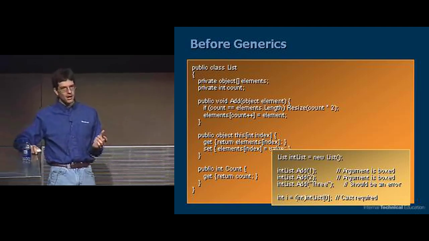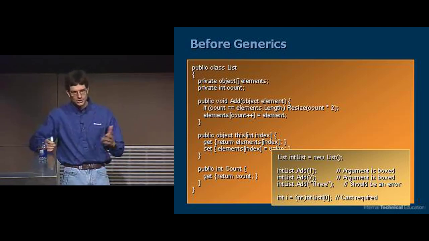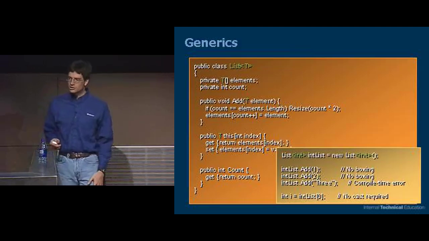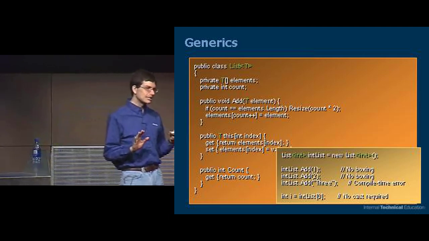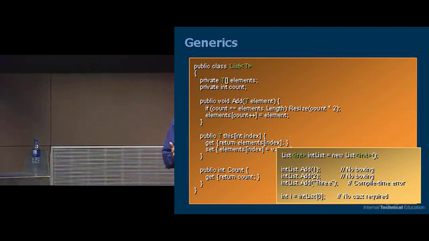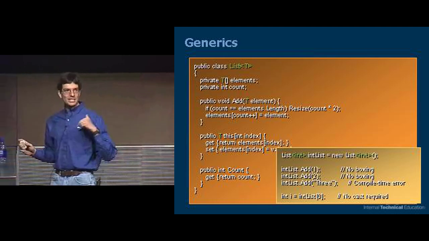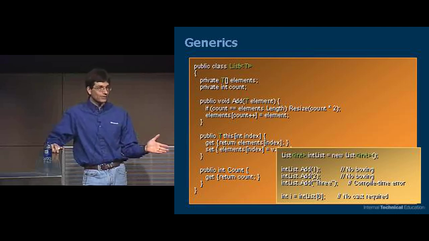We're still facing problems where the enumerator of one kind of collection works differently than that of another. So what does generics do? Well, with generics, notice now I've templatized the type of list as List of T. Everywhere I had object before, I have T now. So instead of being an array of objects, it's an array of Ts.